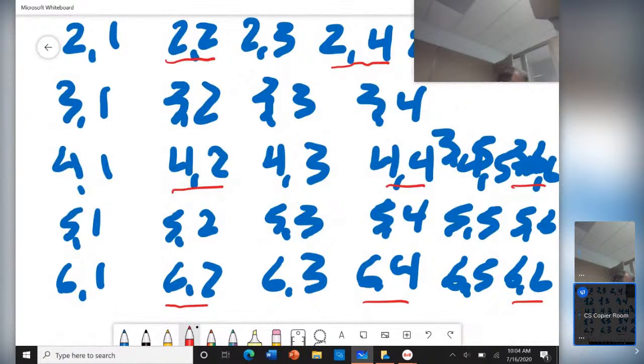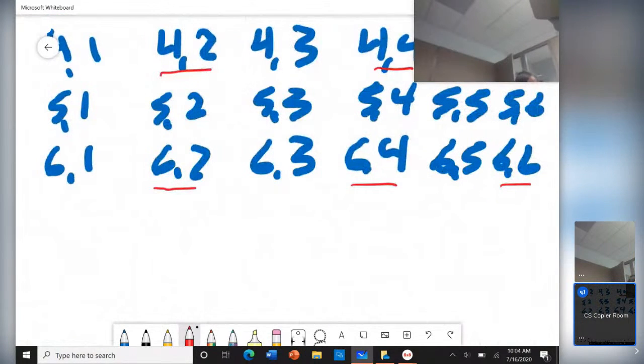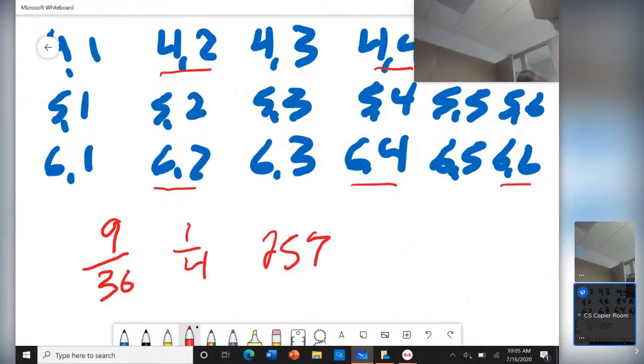So what you're going to have, there are 9 combinations. There's 9 even numbers. Remember, there's 36 total combinations. So it's going to be 9 out of 36. And we reduce that, that's 1 out of 4. And if they ask you what percent, remember it's going to be 25% of getting 2 even numbers. Okay?